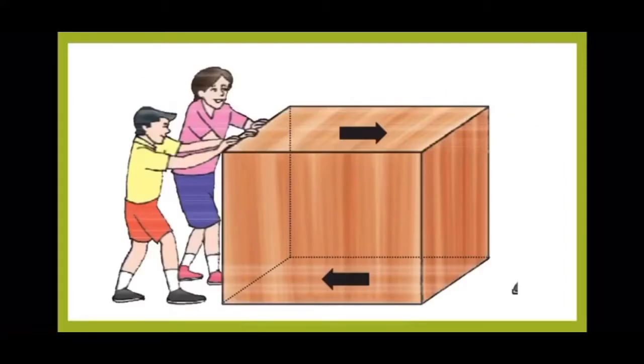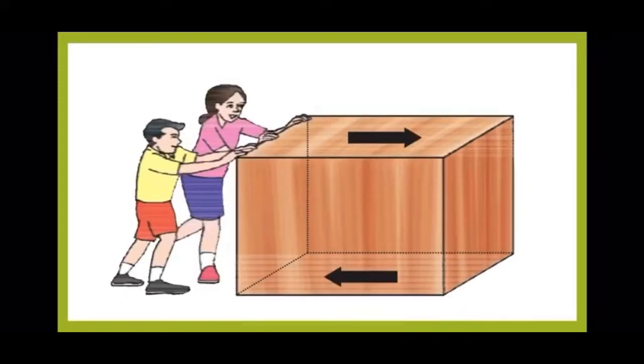If they push the box with a smaller force, the box does not move because of friction, which is acting in the direction opposite to that of the movement of the box. This friction force arises between two surfaces in contact, in this case, between the bottom of the box and the rough surface of the floor. It balances the pushing force and therefore the box does not move.